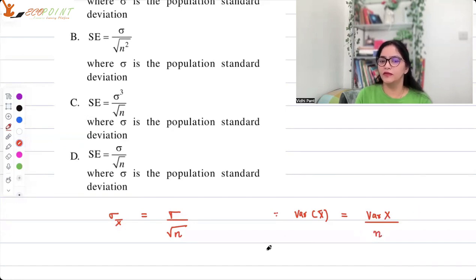This happens because X bar is, say, x1 plus x2 plus so on and so forth till xn upon n. And since there would be independence here, therefore it will be just equal to variance of 1 upon n square comes out common, because when you have variance of ax, a square comes out common.